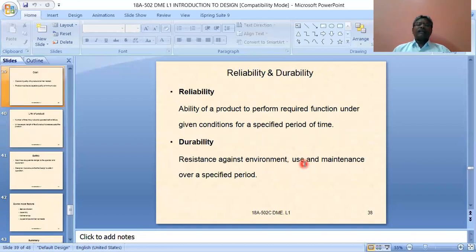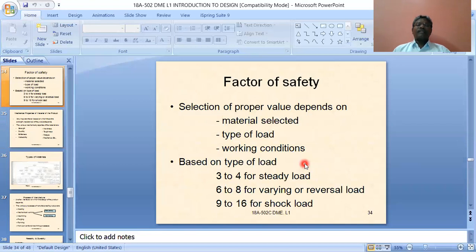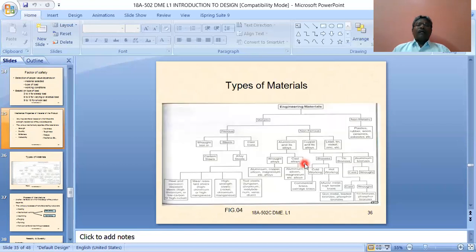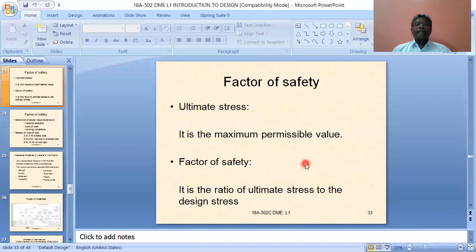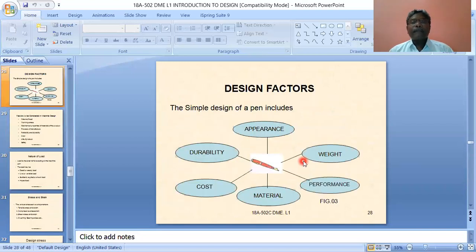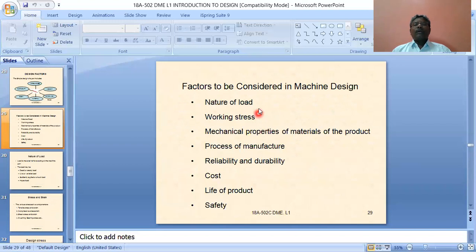So once again, let us see the factors. Nature of load, mechanism and working stresses, mechanical properties of products, and selection of materials is also one of the important parameters, and manufacturing process is also another important parameter, reliability and durability, cost and life of the product, and safety also.